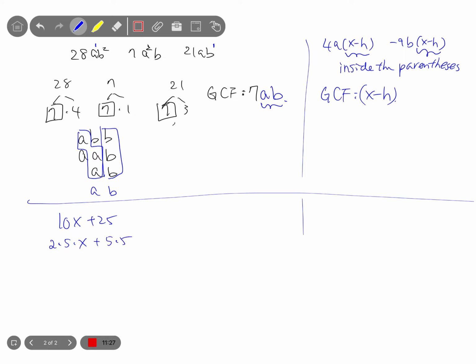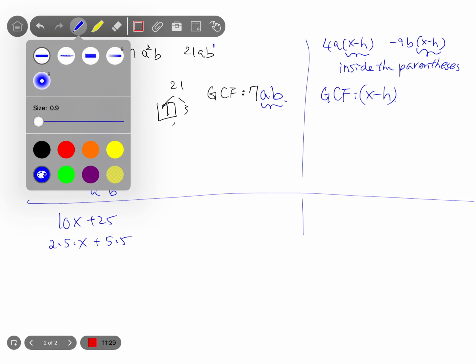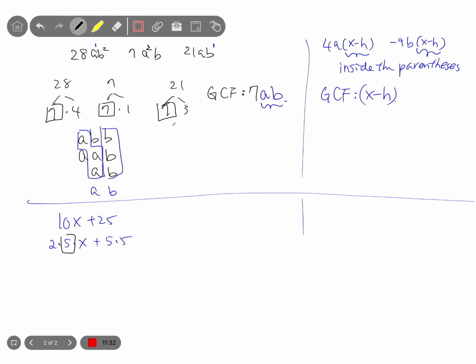And notice from here, they each have a 5. Here and here. So that means my GCF, in this case, is a 5. So then I'm going to put the 5 in the front, put a parentheses, and put everything else that's left over inside. So the leftovers are the 2 and x. The plus sign is right here, and the leftover 5.